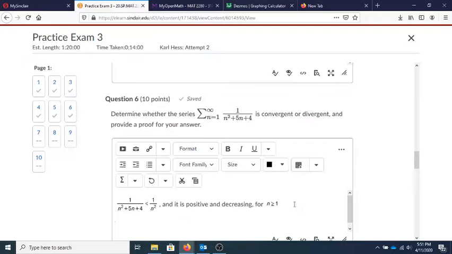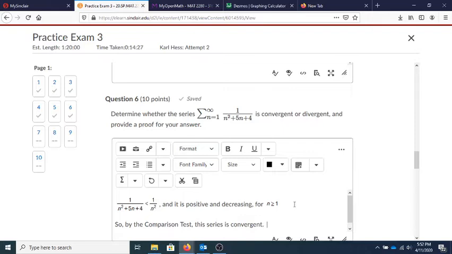Okay, so that's everything I need to be able to use the comparison test. Now I need to say that I'm using the comparison test. So by the comparison test, this series is convergent.